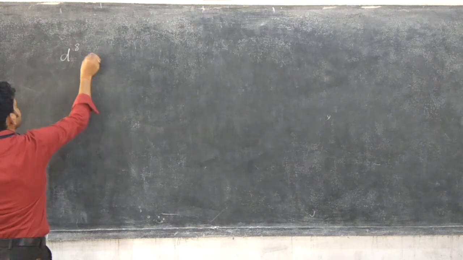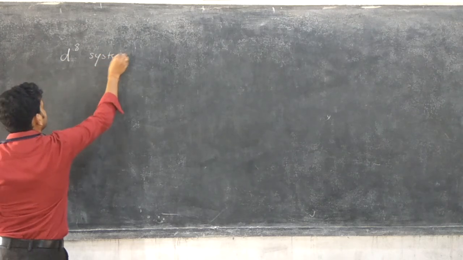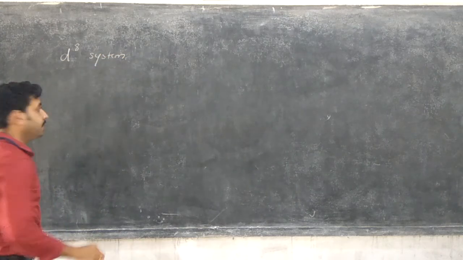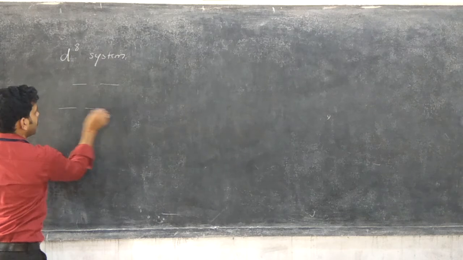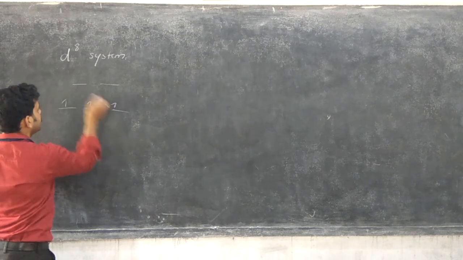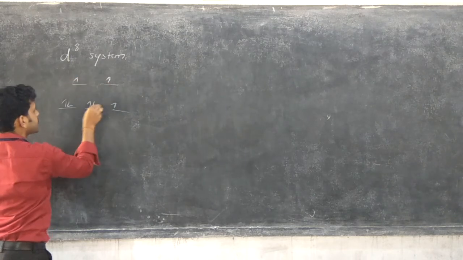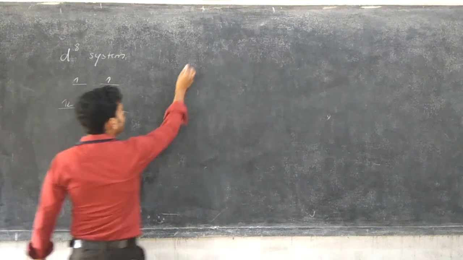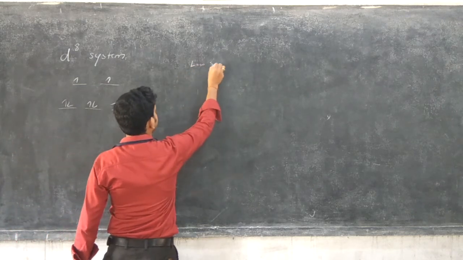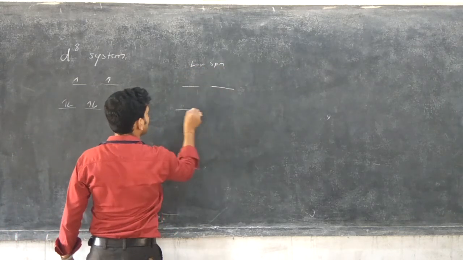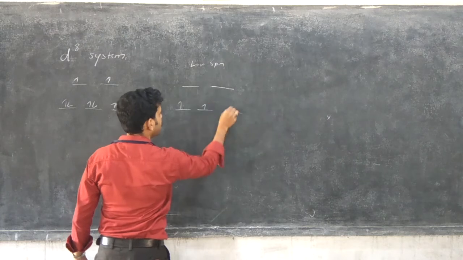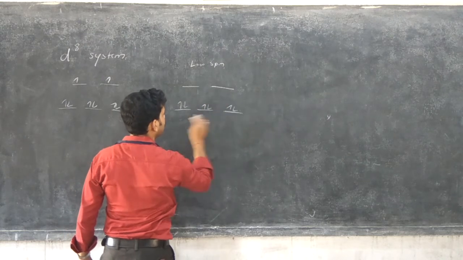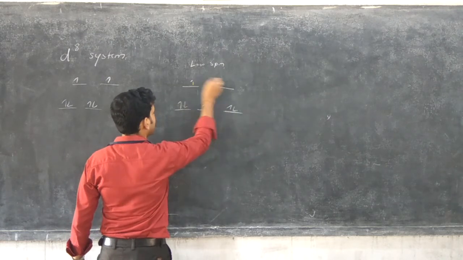In the D8 system, I just explain the electronic arrangement: 1, 2, 3, 4, 5, 6, 7, 8. That is for low spin and high spin complexes. In low spin complexes, its electronic arrangement should be 6, 7, 8.